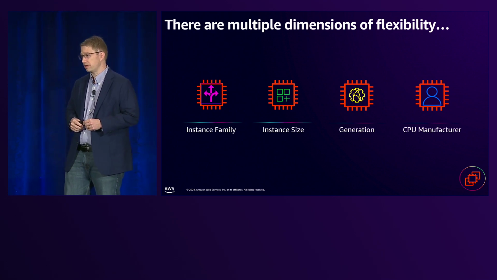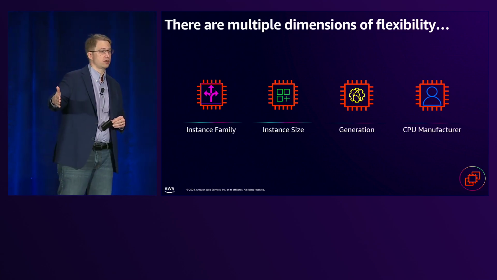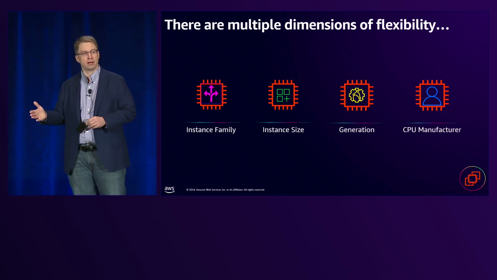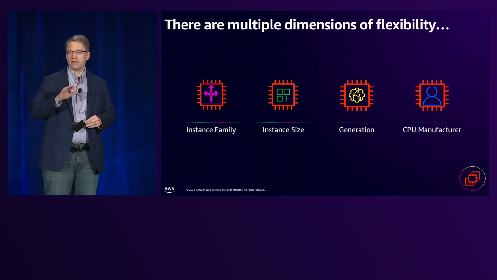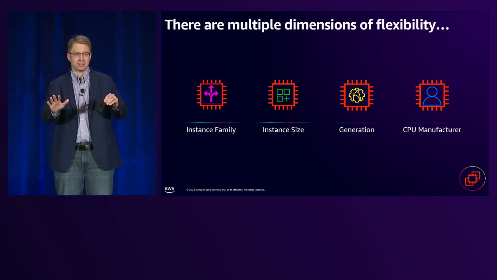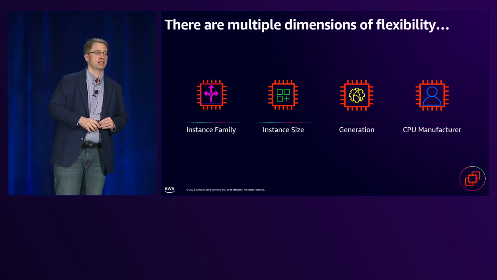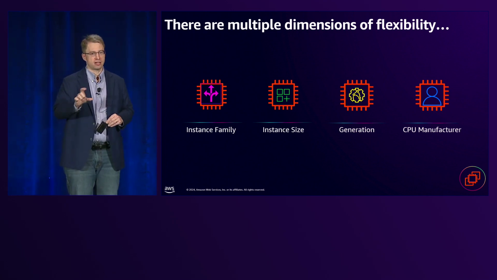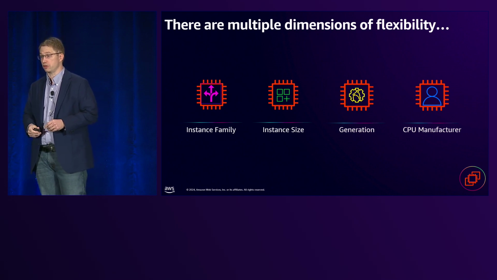Generation is actually one of the bigger levers, and so being able to go from 7th generation down to 6th generation if that might not be available. And then finally, I think Peter had a slide that showed something around 50%, don't quote me on the specific number, go back and look at the presentation, but around 50% of what we're landing in data centers right now is Graviton. And so if you have flexibility across different chip architectures, there's a lot of opportunity to get additional capacity.